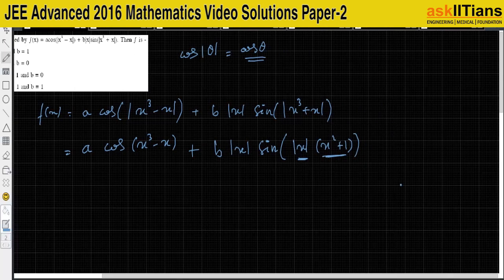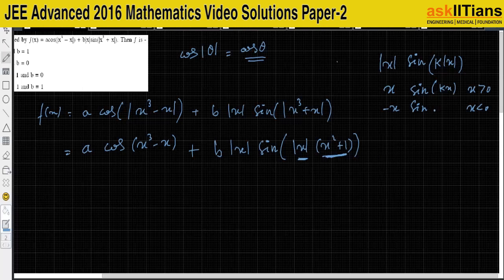Now if I look at this function very carefully, it is something like this: mod x into sine of k mod x. Let me consider k to be some positive constant, right? So if x is positive, both mods will open with a plus sign, so I'll get this. If x is negative, both the mods will open with a minus sign.